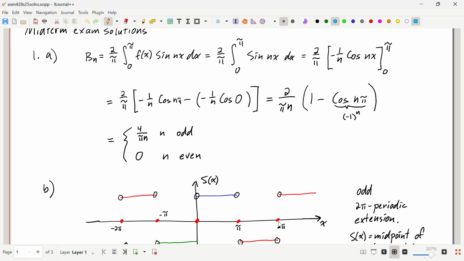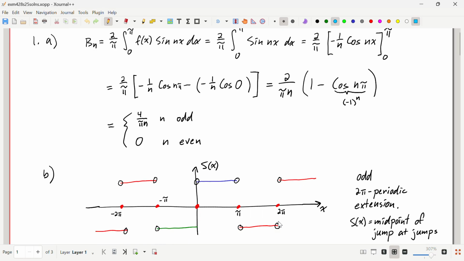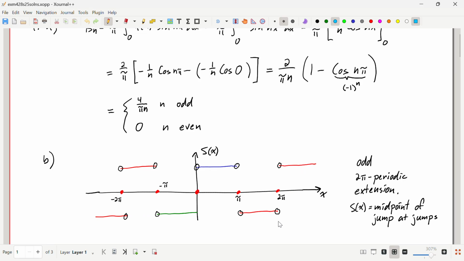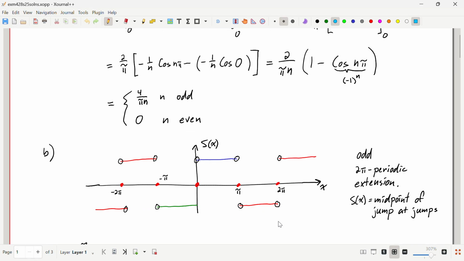So most everybody got that right. It's just write it down and do it. It's just to see if you know what those words mean. Cosine n pi is minus 1 to the n, and that allows you to figure out that it's 4 over pi n when n is odd and 0 when n is even. But if you left it in the form cosine n pi, I gave you credit.